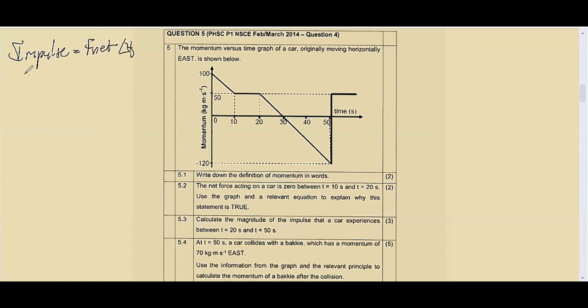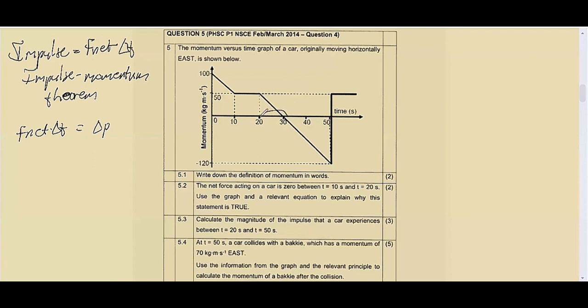But then we have what we know as the impulse-momentum theorem, which simply states that the impulse on the object is equal to the change in the momentum of the object. So in other words, the impulse here can be equated to the change in momentum of the object. Now, looking at this, we can tell that we are given the time from t equals 20 to t equals 50.